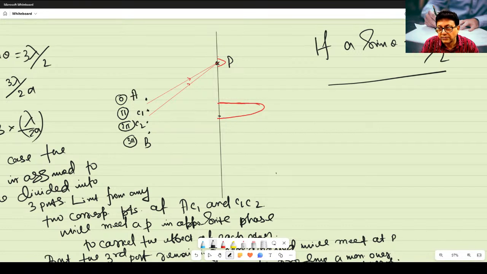Is the intensity decreasing because the distance is increasing? No, because only a part of the wavefront is reaching over there, because the other part is getting cancelled. Okay, this is very interesting. If a sin theta is 5 lambda by 2, what is going to happen? How will you write the descriptive part?